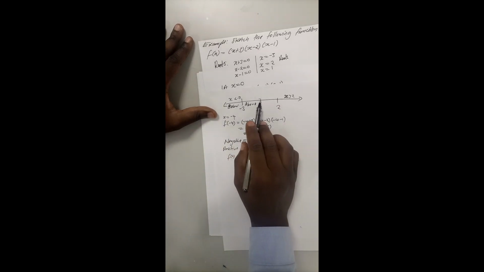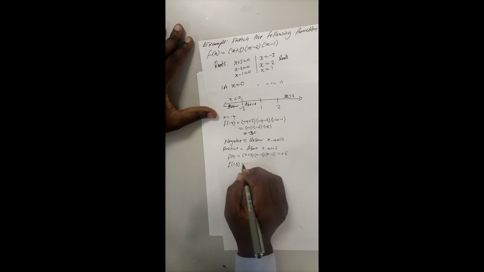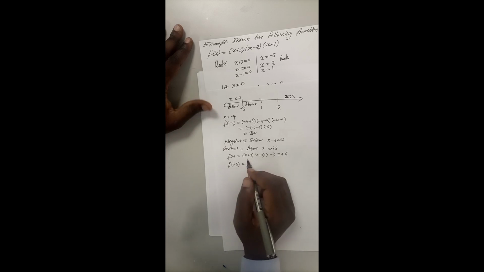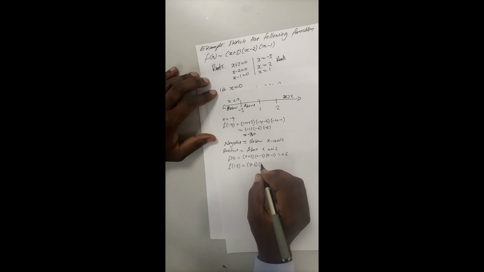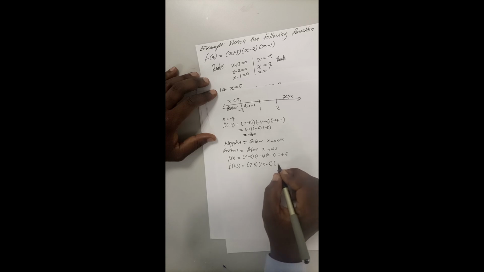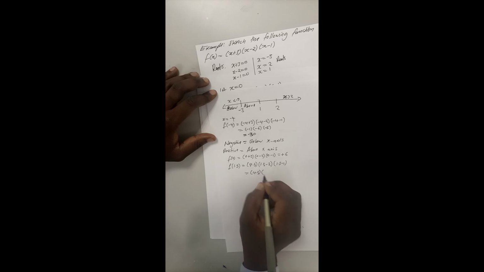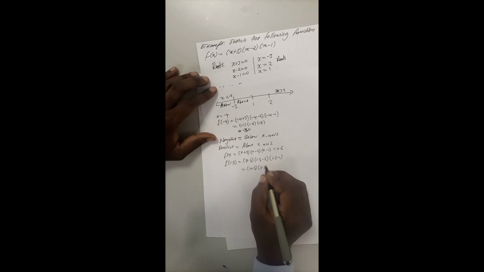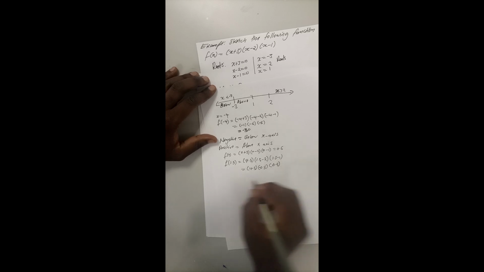Now let's test between 1 and 2. So you can pick 1.5, and substitute 1.5 in our given function. You're going to have 4.5, then 1.5 minus 2, and 1.5 minus 1. This is 4.5, this is negative 0.5, and this is positive 0.5.